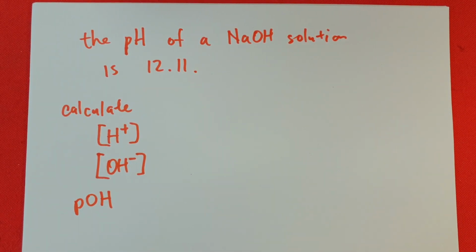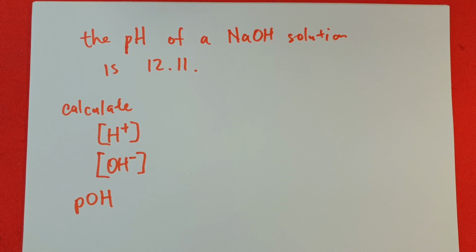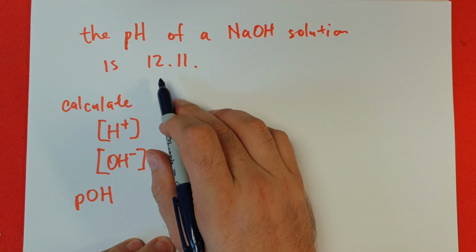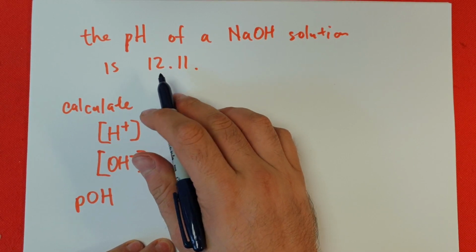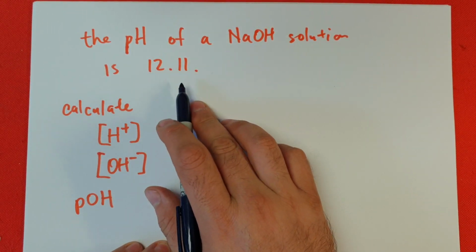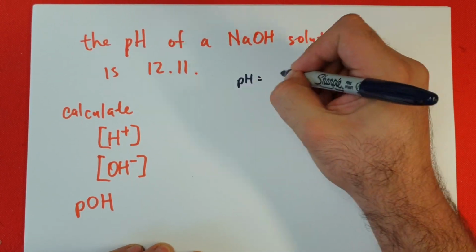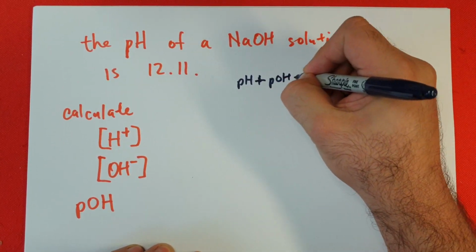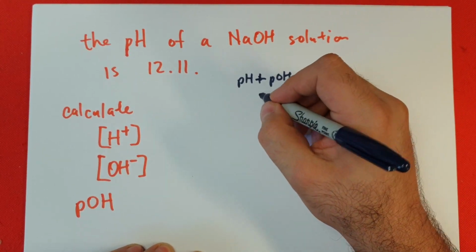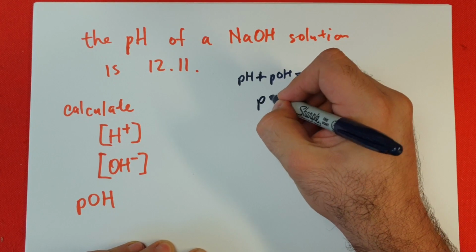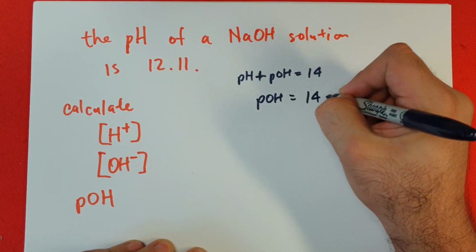So this is going to be quite simple. Let's remember our formulas. The pH is already given, so we can easily calculate the pOH, because pH plus pOH equals 14.